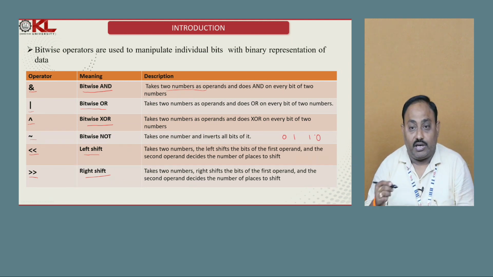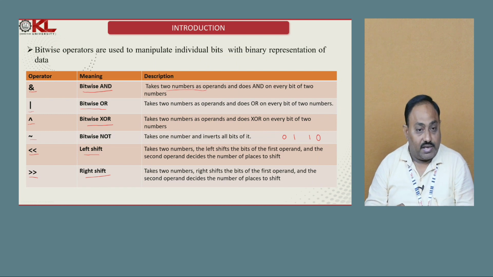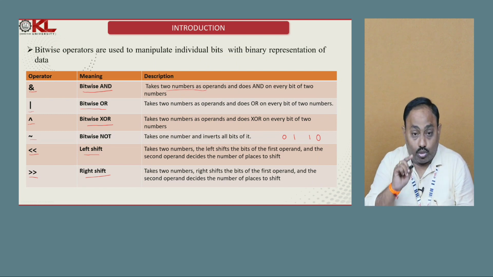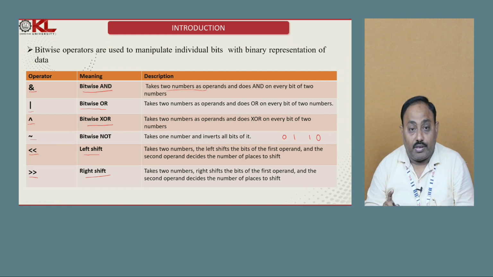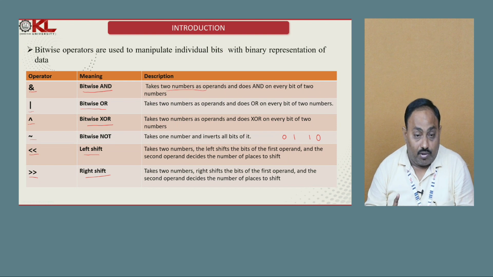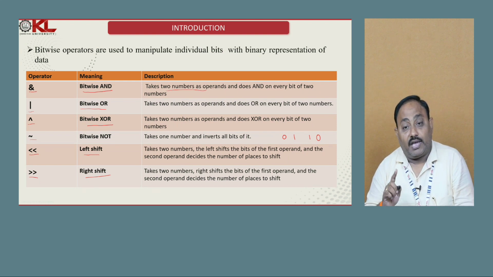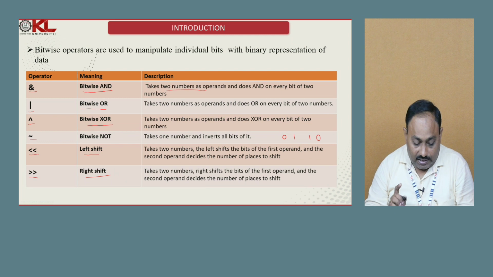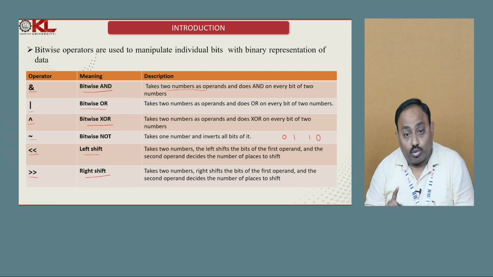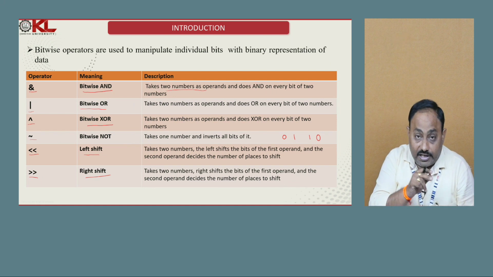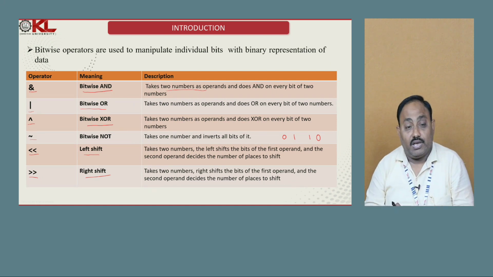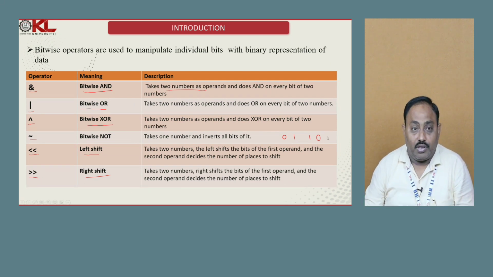Next, left shift takes two numbers as operands and shifts the left side bits of one number by another number. Right shift takes two numbers and performs a right shift, that means it shifts the right bits of the number. Like that, we have 6 bitwise operators.